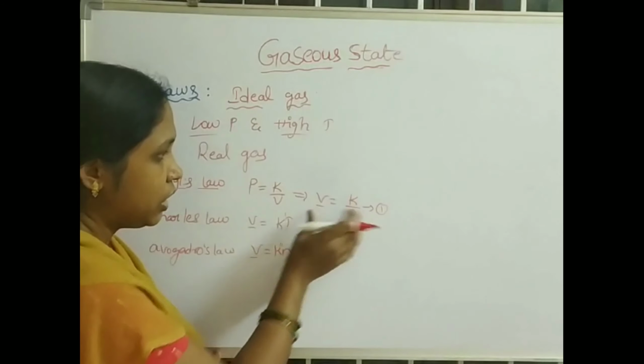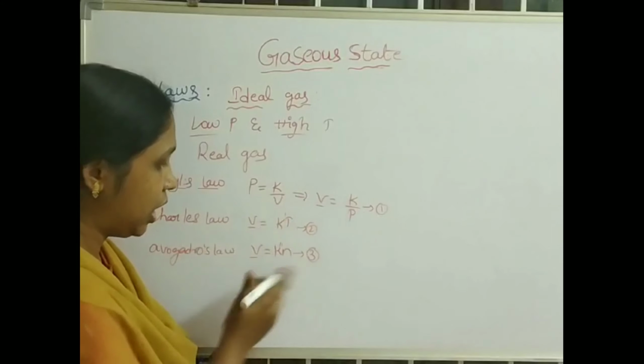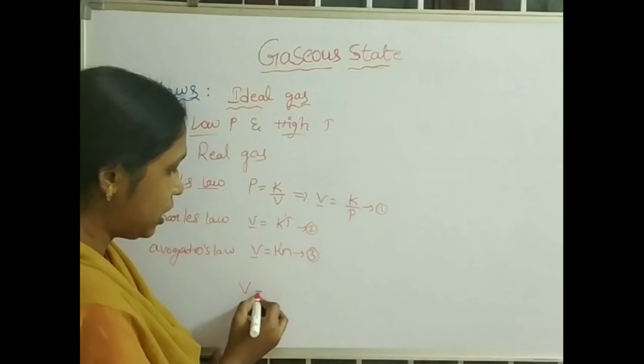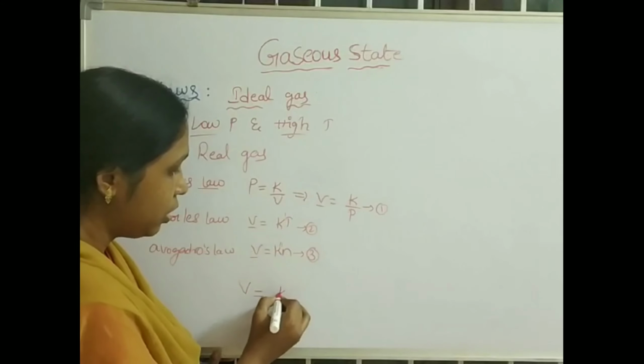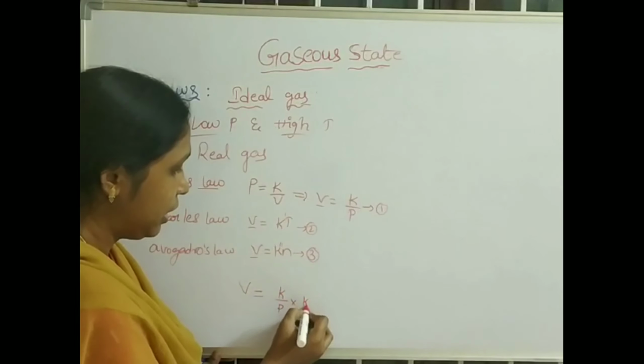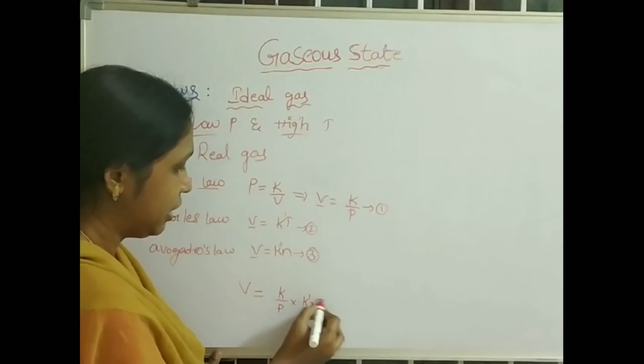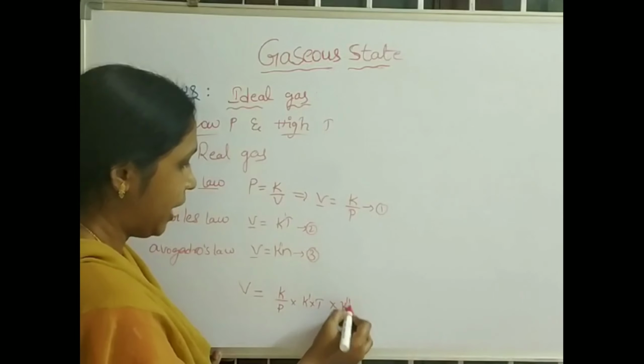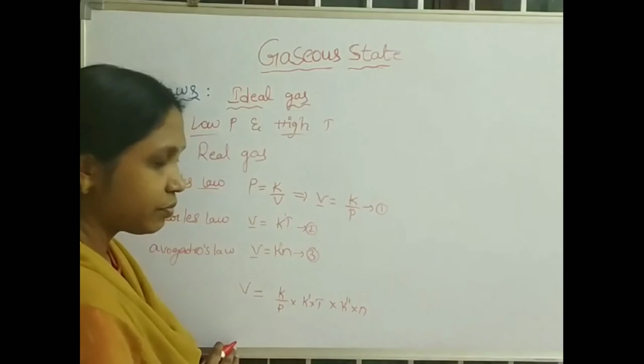So, considering all the 3 equations, you will get V is equal to K by P into K dash into T into K double dash into n.